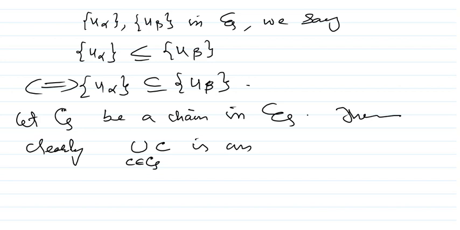You can represent the elements of cursive C in increasing or decreasing order because it's a chain. Any two elements are comparable, so you can find this union. Each member of the chain is an orthonormal set, and you see the union is also an orthonormal set.